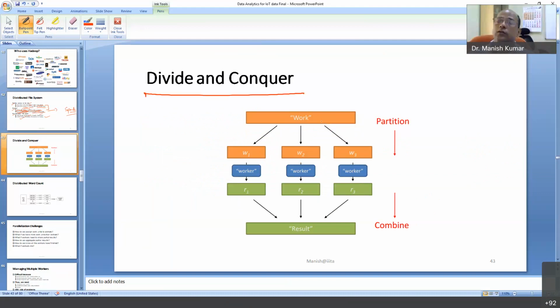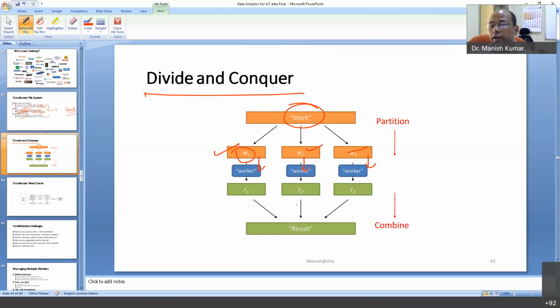So the simple divide and conquer methodology would be used by... what we do is that you submit your work, and the work is divided into multiple chunks, and these chunks can go to the workers.